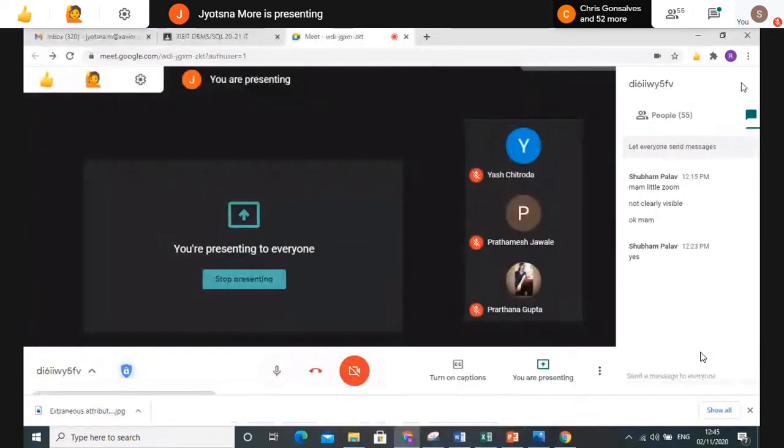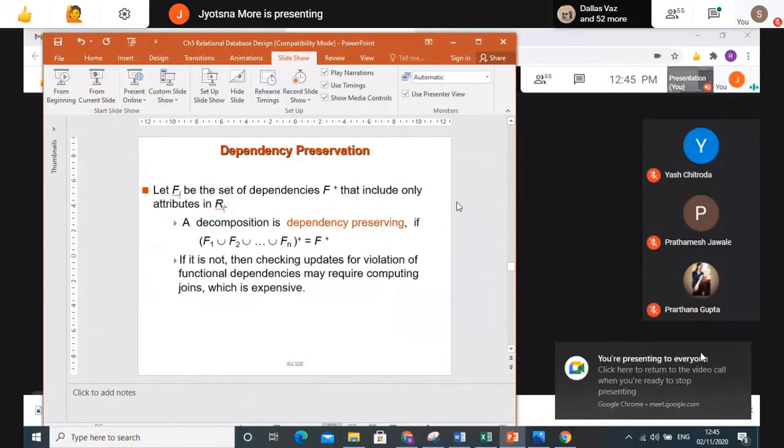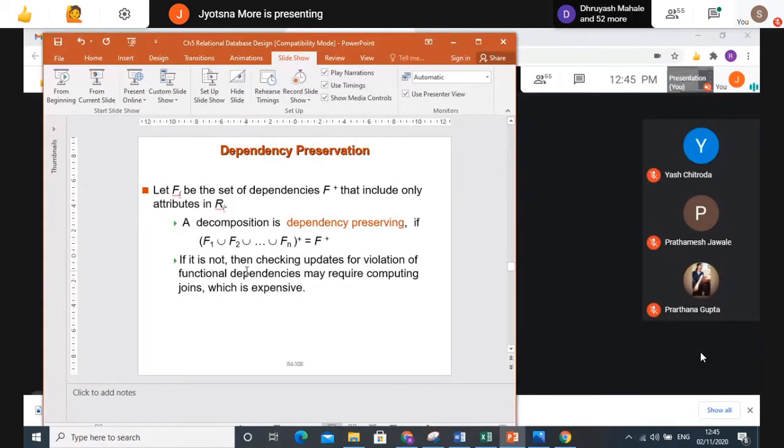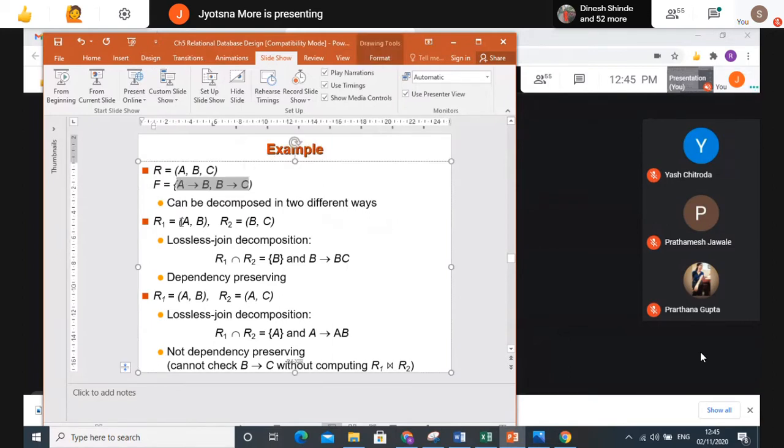Dependency preservation means whatever functional dependencies are given to you, if after decomposition you are getting those functional dependencies back, then you can say this decomposition is dependency preserving.